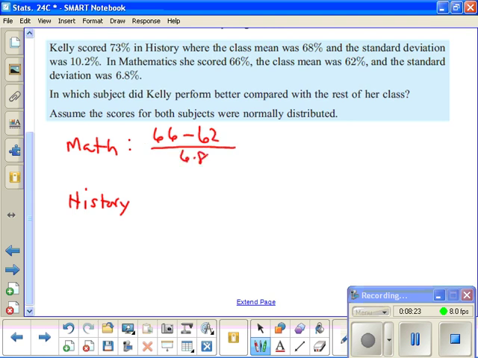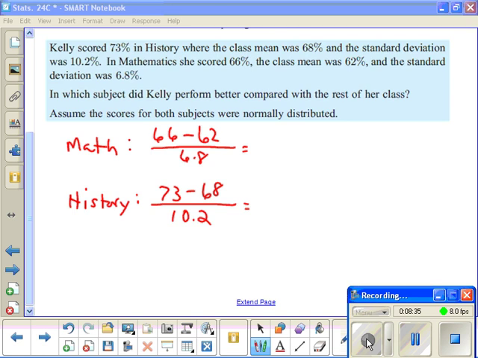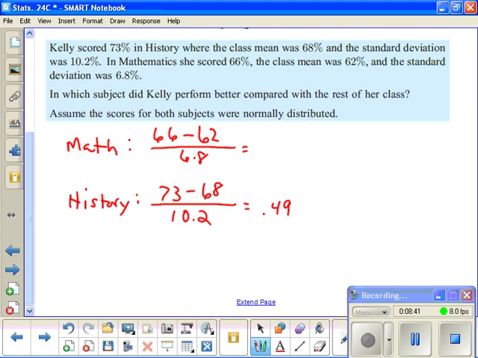And we do the same for history: she scored a 73, minus the mean, divided by the standard deviation. In doing so, for history we find it's 0.49, and for math, we find it's 0.588.